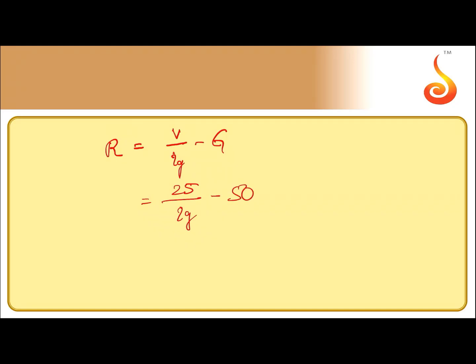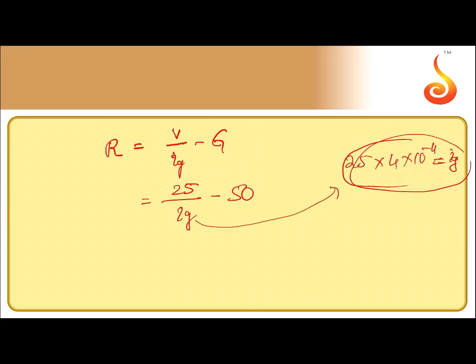Now he says current of 4 into 10 to the power of minus 4 amperes produces a deflection of 1 division. How many divisions are there? So number of divisions is 25. So 25 into 4 into 10 to the power of minus 4 should give us the maximum current through the galvanometer, that is the value of Ig.